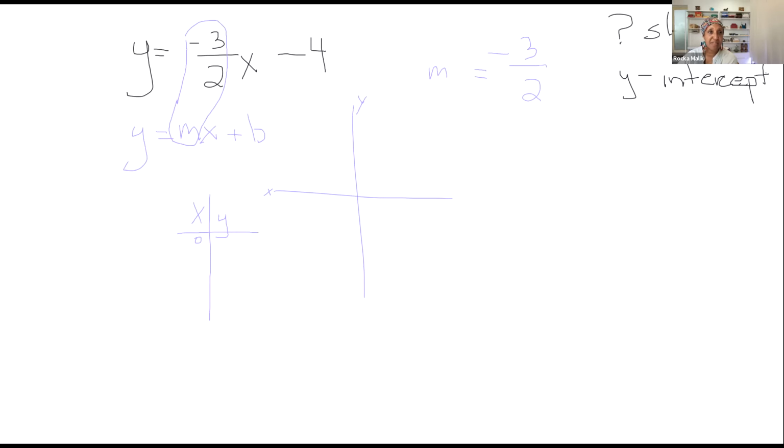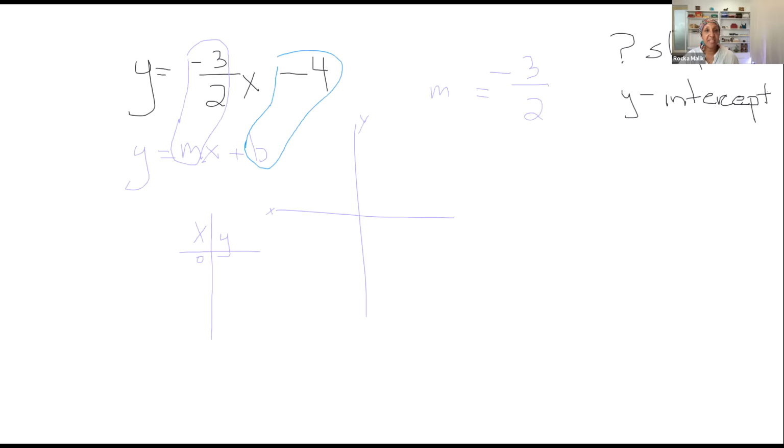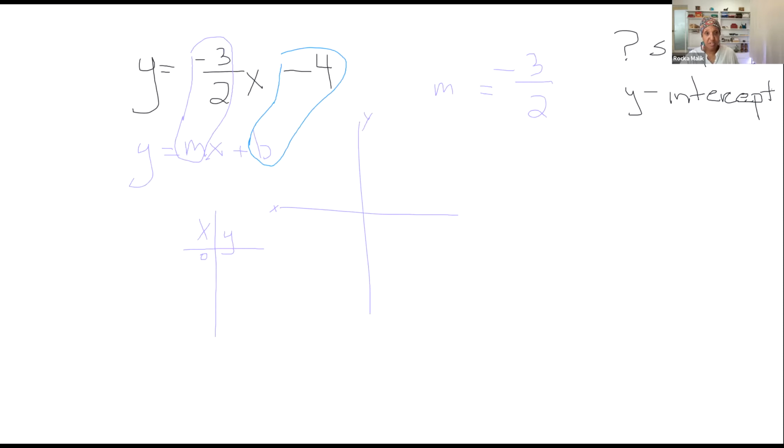It is the place where my line intercepts the y-axis. It's the place where it crosses it, but we don't know where. And this point happens when x is 0. So when x is 0, I plug x equals 0 into my equation.